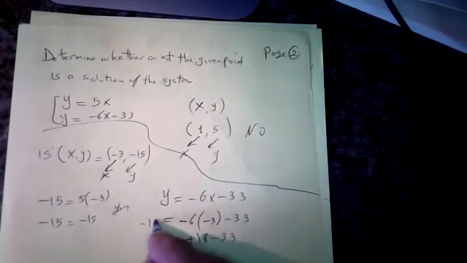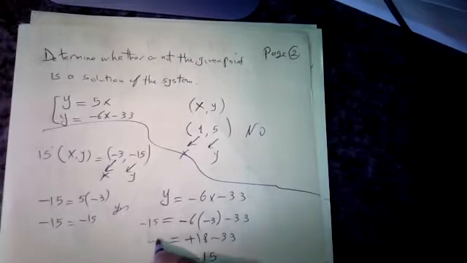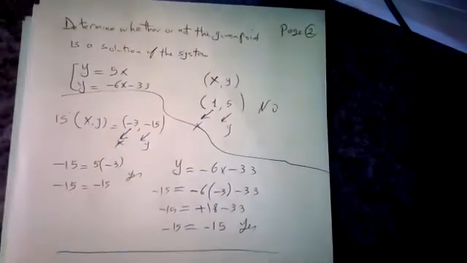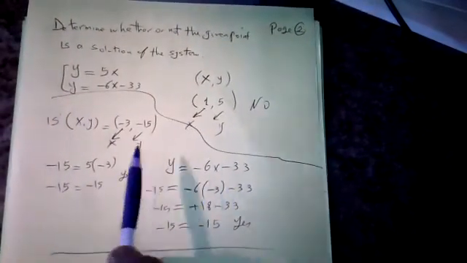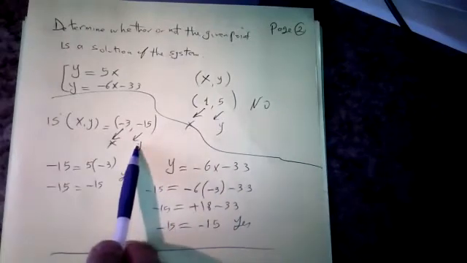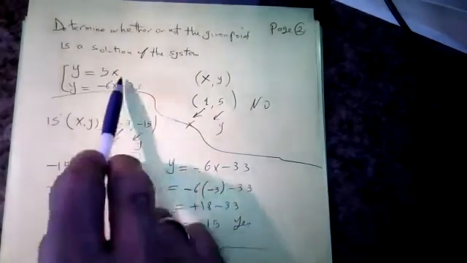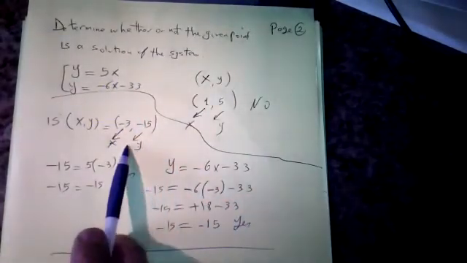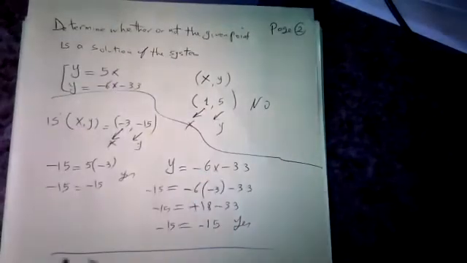And on this side also is a -15. See, both sides are equal. Then yes. Okay, so remember, when we give you a point and ask you to verify whether this point is a solution of that system, it means that point must satisfy both equations.